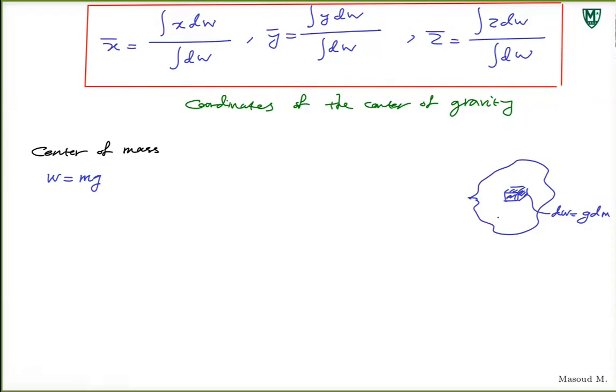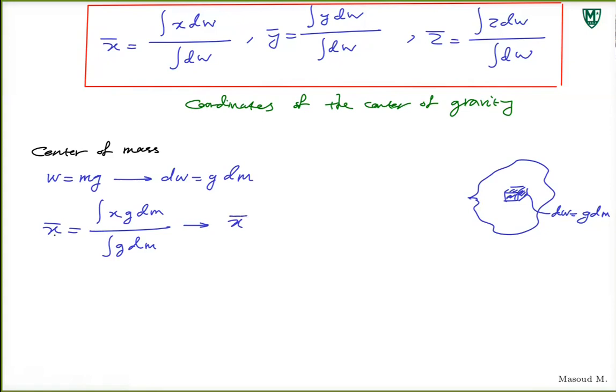M changes depending on how big this element is. So if you differentiate both sides, you'll get dW is equal to g dm, and plug that into what we had from before. As straightforward as that. X bar now is equal to integral x g dm over integral g dm. G is just a constant value, acceleration due to gravity. Just take it out and it gets canceled out.